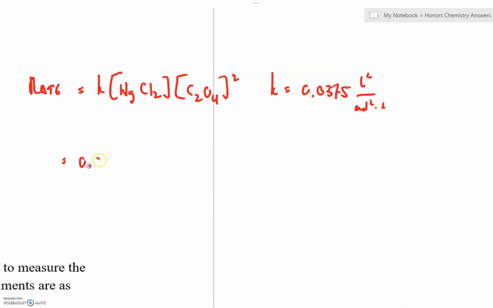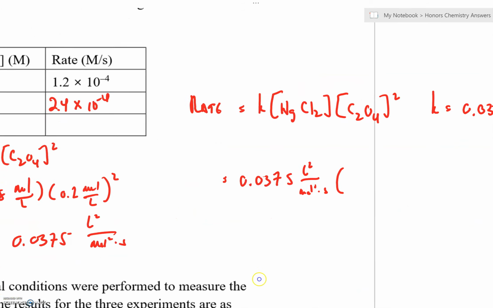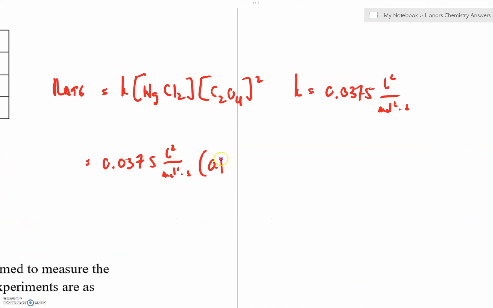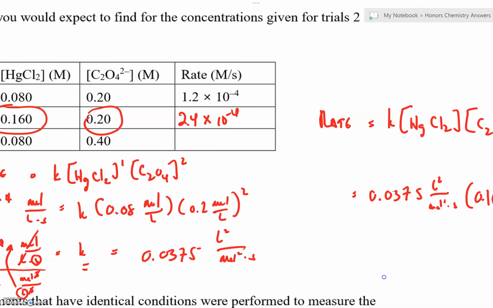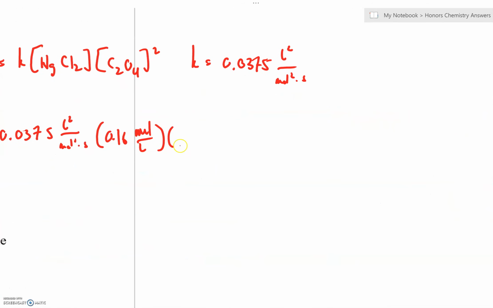So, 0.0375 liters squared over moles squared seconds, times the concentration of mercury chloride in experiment 2, 0.16 moles per liter, times the concentration of oxalate in experiment 2, 0.2 moles per liter.